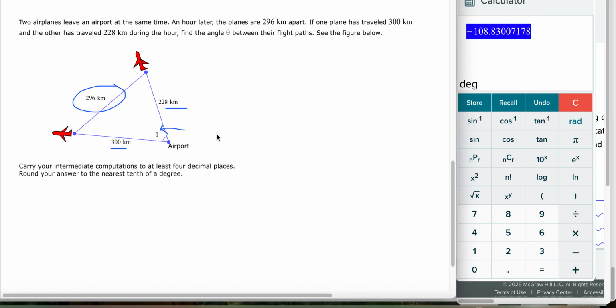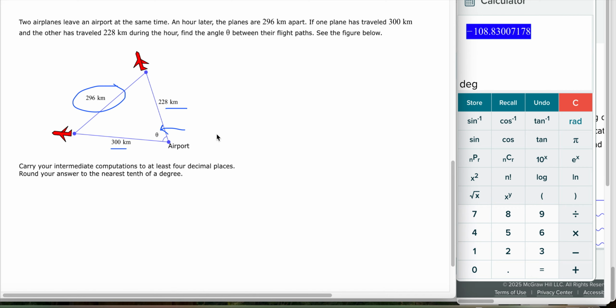So let's set up the other fraction to say, okay, sine of angle C is equal to the side across from C, which would be side C, or 100 meters. Okay, so I'm just going to cross multiply.